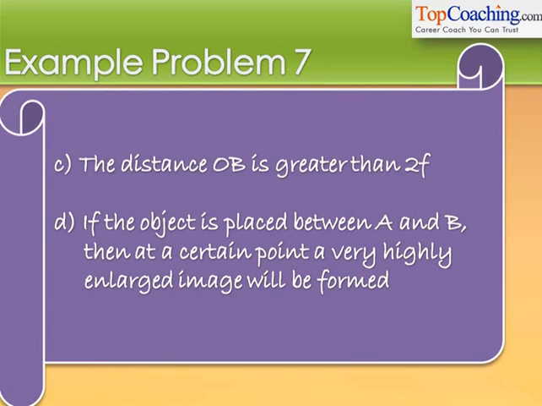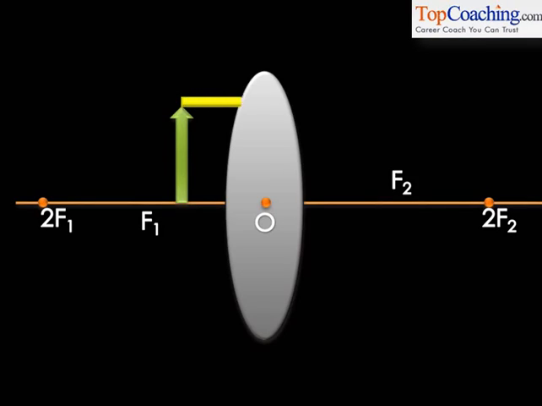Clearly, only a convex lens forms both a real and a virtual image. Also, it's only a convex lens that forms an inverted and real image and a virtual and erect image both. A concave lens only forms virtual images and it never forms an inverted image. So definitely our lens is convex.